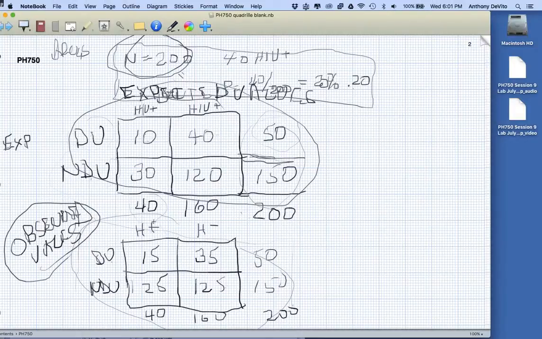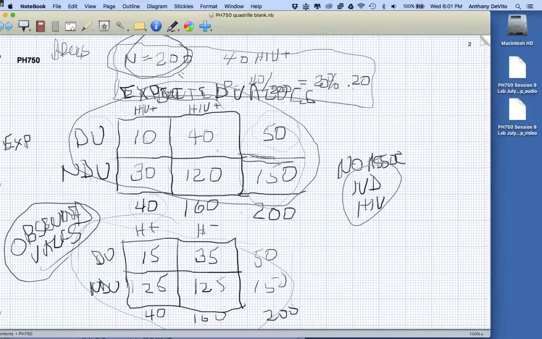Okay, so now let me ask you this. In a perfect world, if there's no association between intravenous drug use and HIV status, there's no risk from drug use, what would you expect the difference between what's in all of these boxes to be in the expected values and in the observed values?